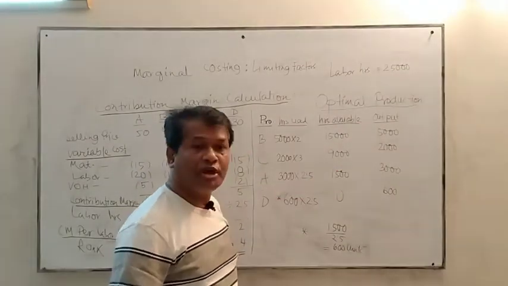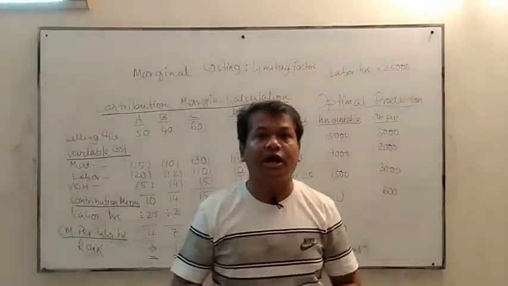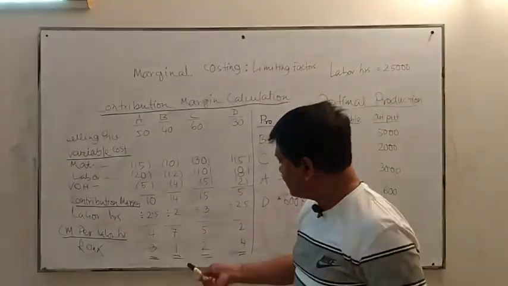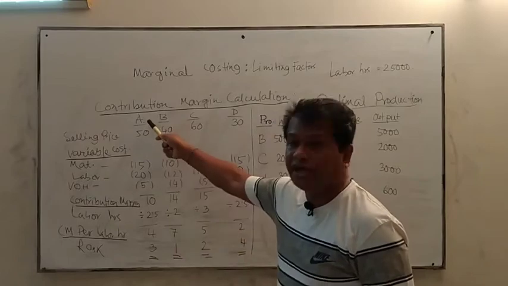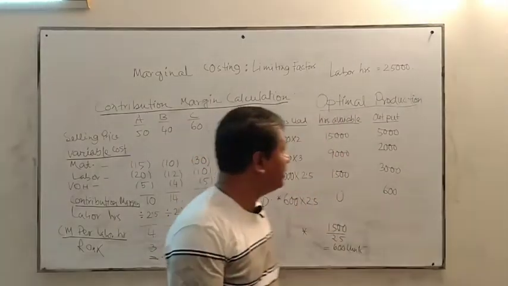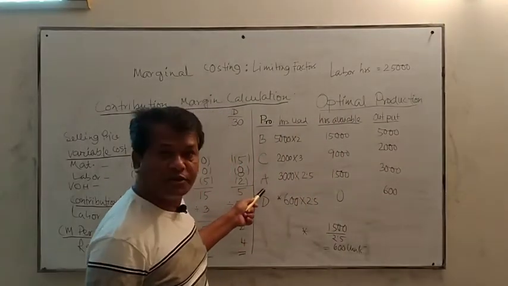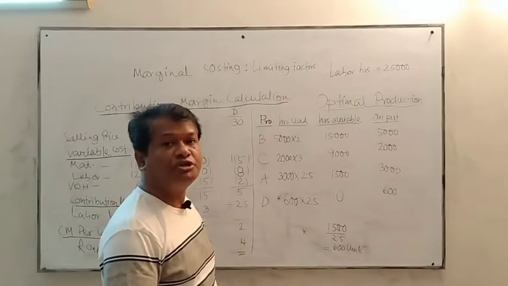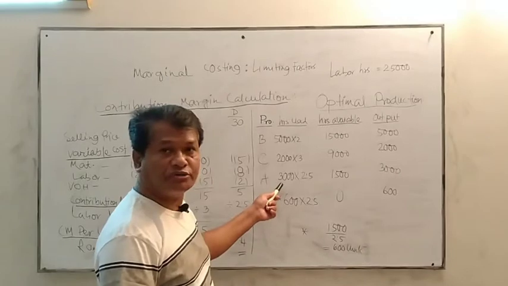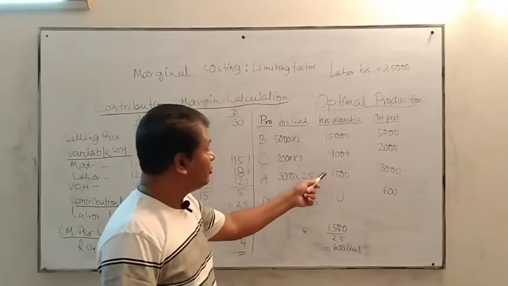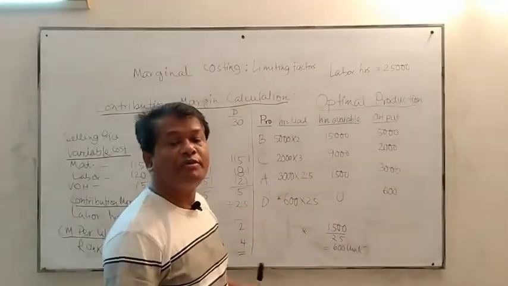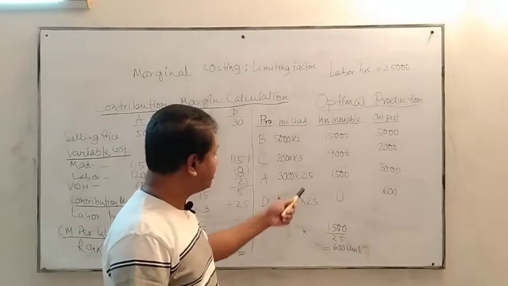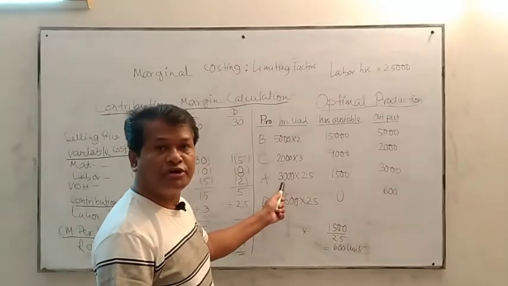Again, now you have to find the third largest contribution margin per labor hour. You see here the ranking number 3 is product A. So that is to be written over here. Product A, that was the figure 3,000 units to be produced. So here 3,000 multiplied by 2.5. 2.5 means 2.5 hours are required to produce 1 unit of A. That's why it is multiplied by 2.5.